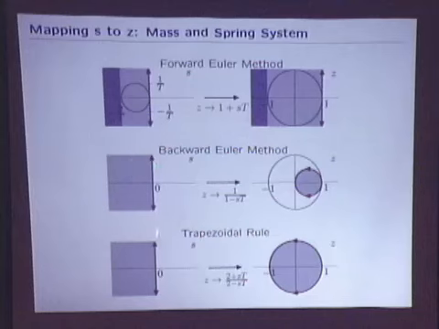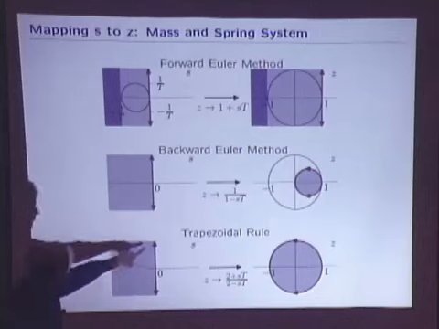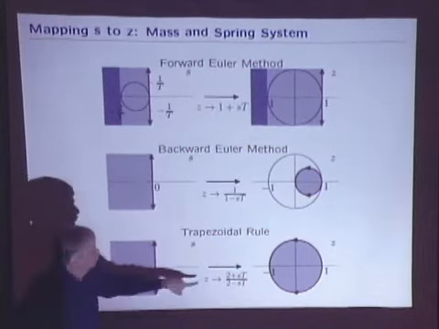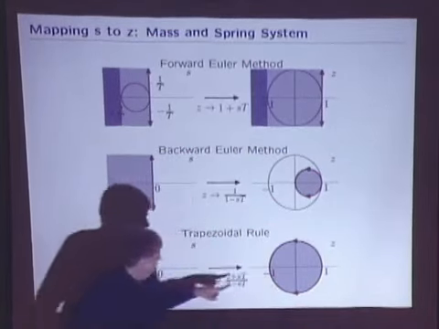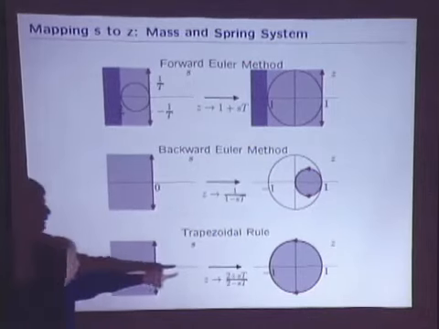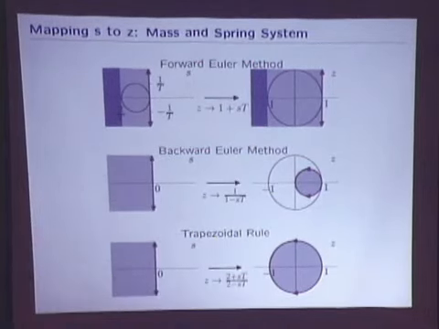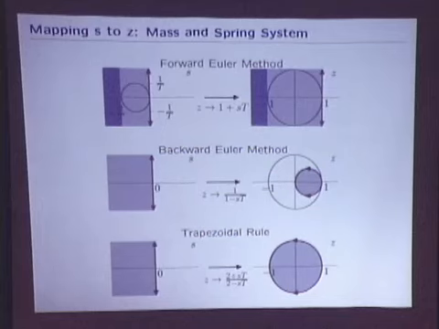Even though the mass spring system should have oscillated forever, in the solution that you did with Euler backwards, it converged. And that's because the method maps poles on the j omega axis inside the unit circle. That's not what we want. What we want for the mass spring system is to map the j omega poles directly onto the unit circle so that pure oscillations over here correspond to pure oscillations over there. And that's exactly what the trapezoidal rule does.